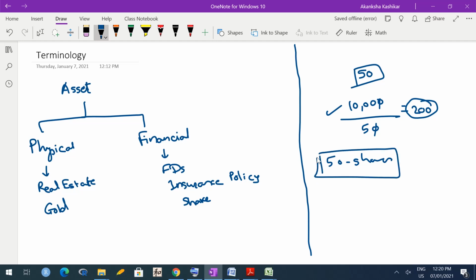Okay. Now this need not be restricted to 50. If you say that okay, you have a single share whose price is say 100 rupees, then each of you have paid 200 rupees. So it is equivalent to saying that each of you have 2 shares. Okay. So share is nothing but, it's again in the sense similar to its English meaning.